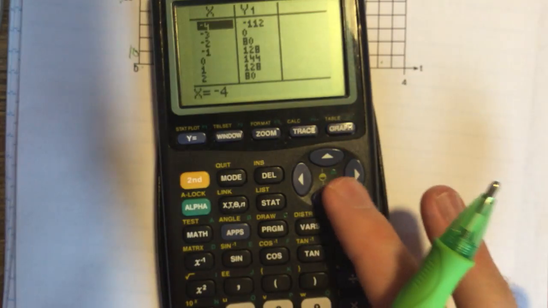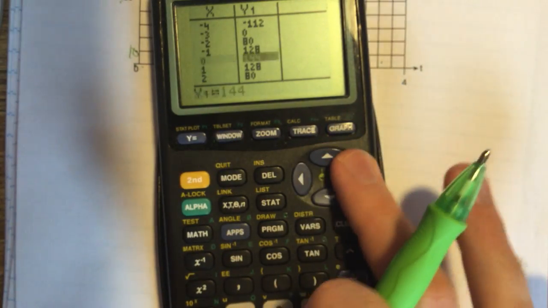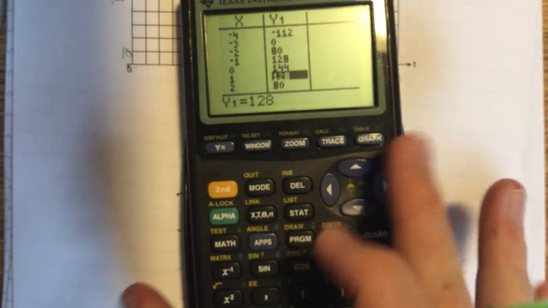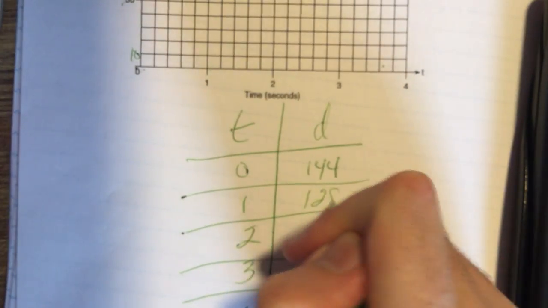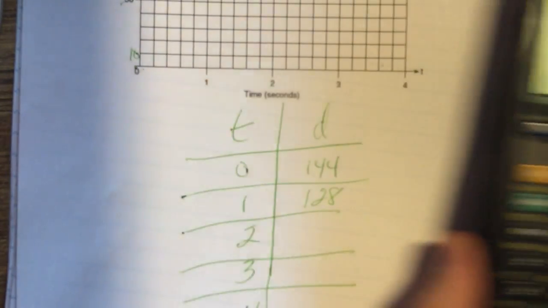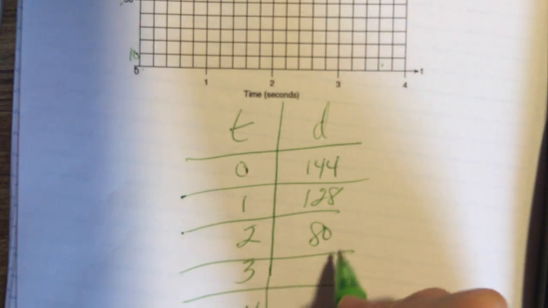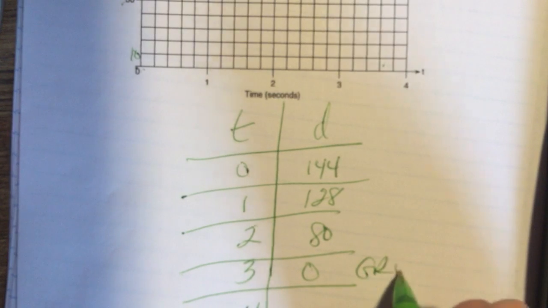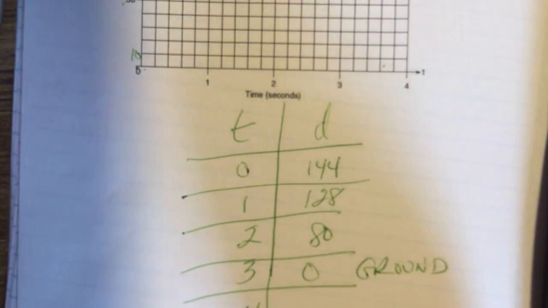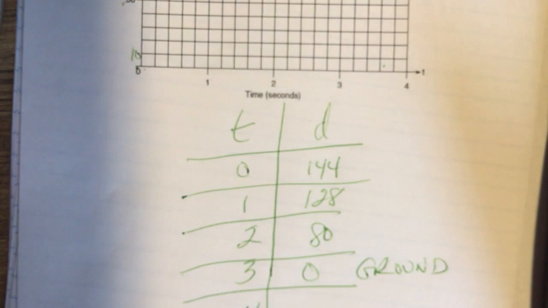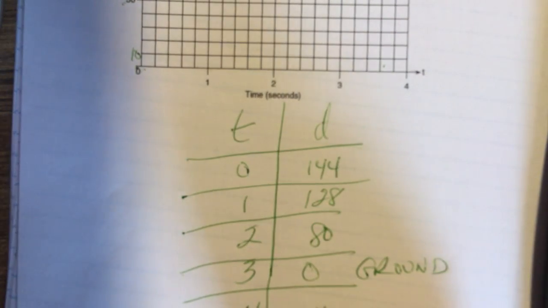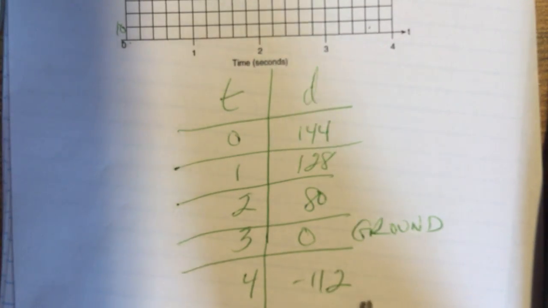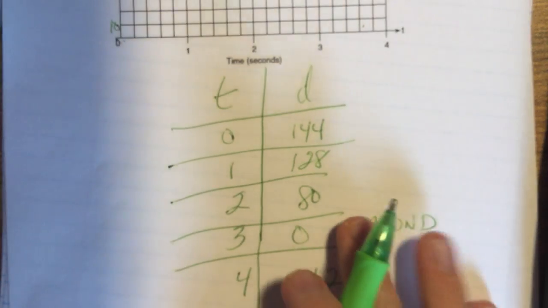At 0 seconds, 144 feet in the air. 1 second later, the car is at 128 feet in the air. 2 seconds later, it's at 80 feet in the air. 3 seconds later, it's at 0, which is the ground. When the distance from the ground is 0, it takes 3 seconds to get there, and then 4 seconds is negative 112 feet. We're going to neglect that because that's a negative distance and we're not interested in that.